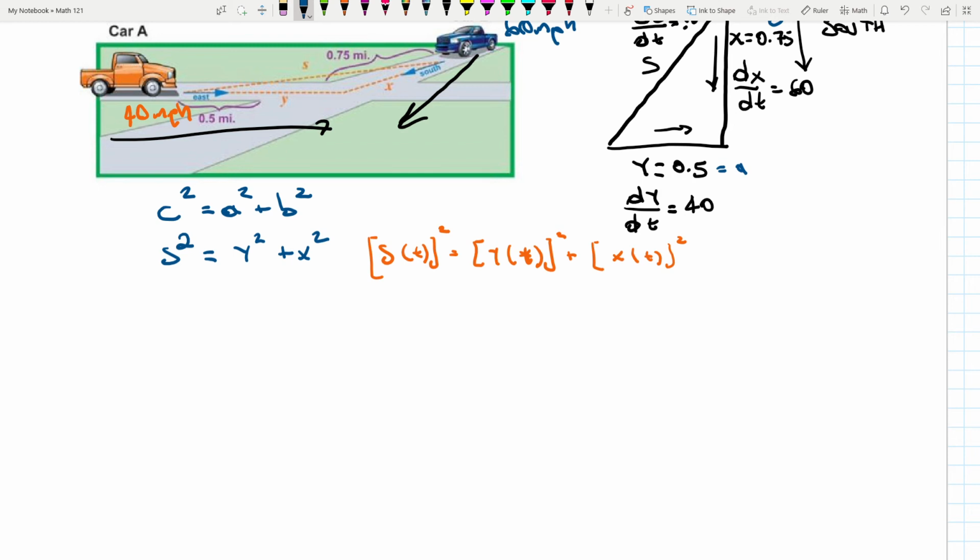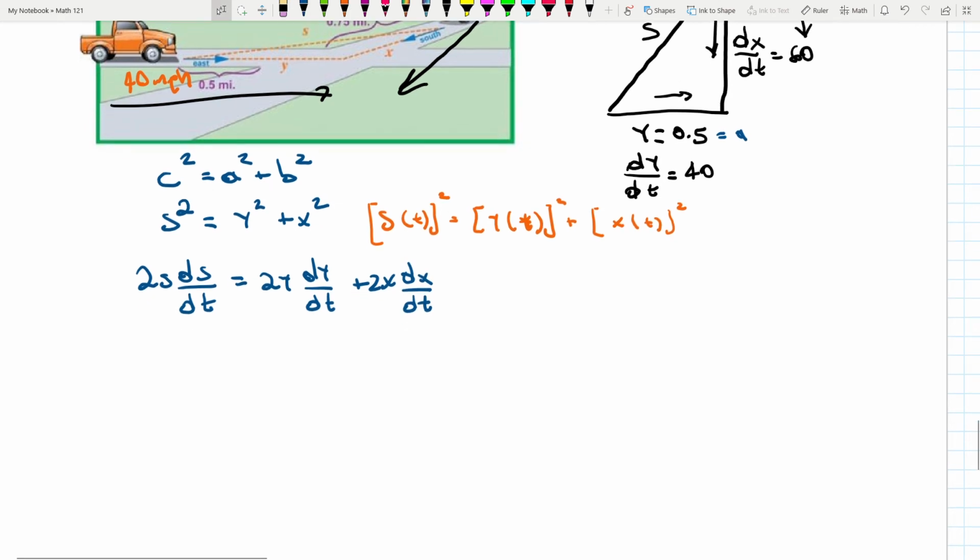So the derivative of s squared is 2s times ds/dt equals 2y dy/dt plus 2x dx/dt. Okay, it would be a good idea to simplify this equation to lowest terms, and we can multiply both sides by a half.